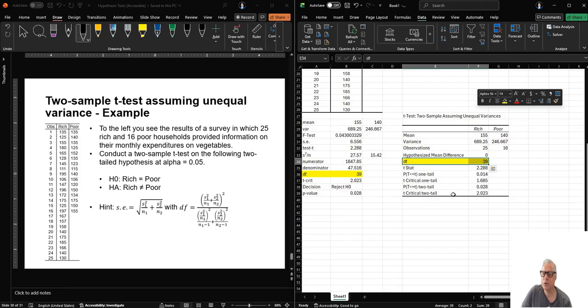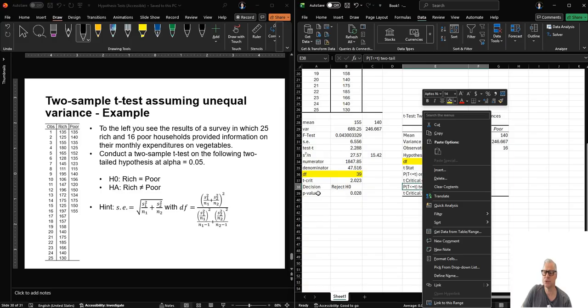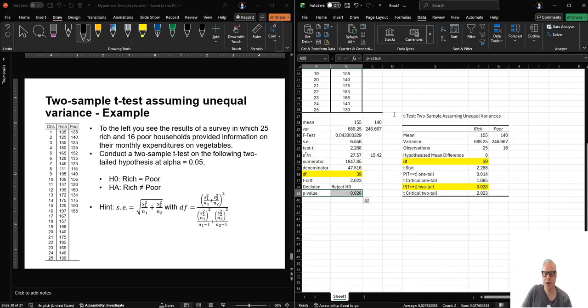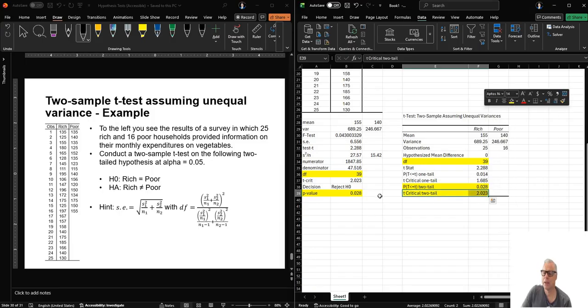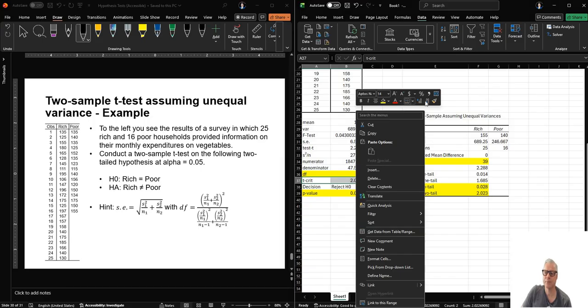Then we did a two-tail test. So our probability of having made a type 1 error, which is here the probability level, is 2.8%. So that is the same as our p-value that we calculated of 2.8%. The critical value for a two-tail test is 2.023, which is the same that we got.